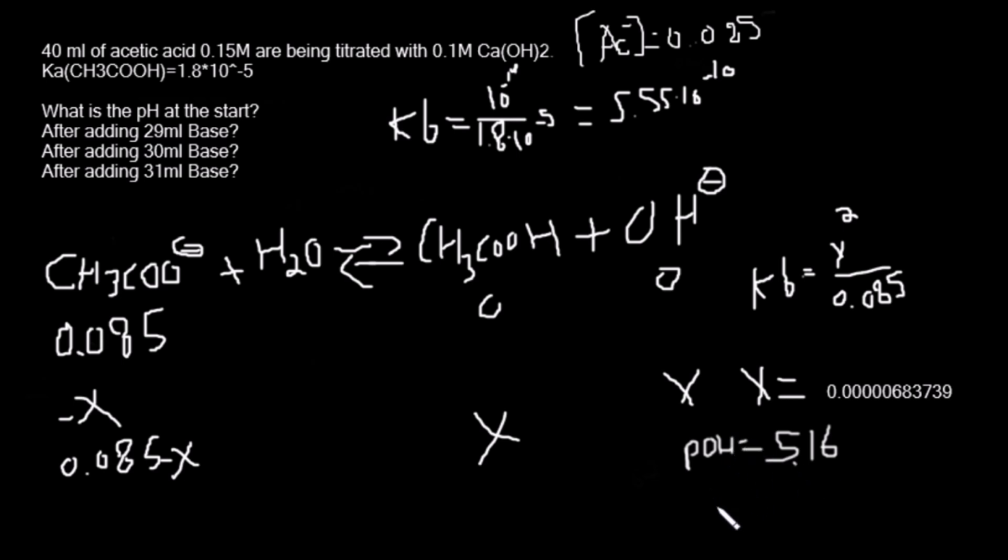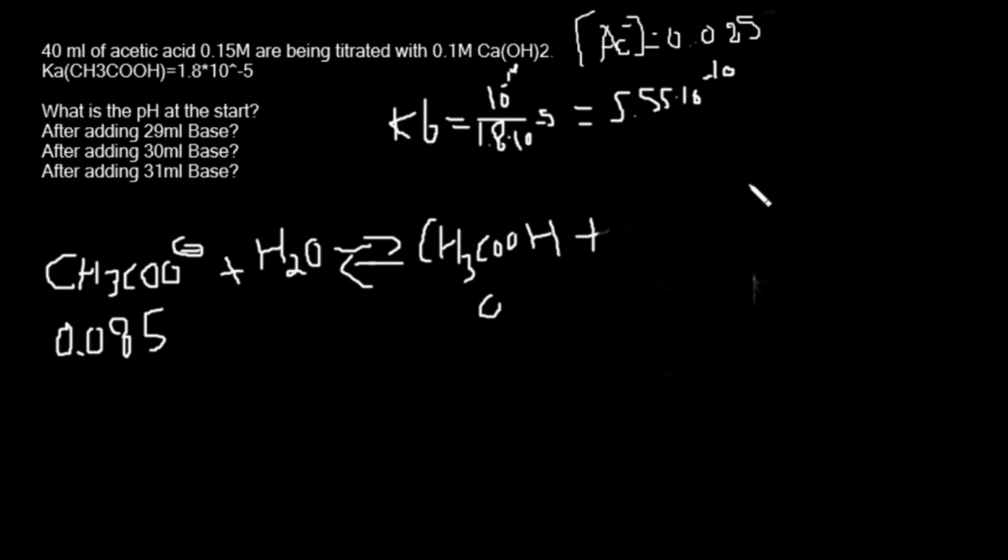And to find the pH, you're going to do 14 minus this number. And your answer is going to be 8.84. This is your pH. Okay.